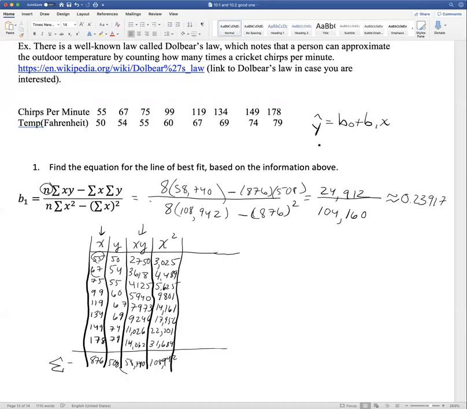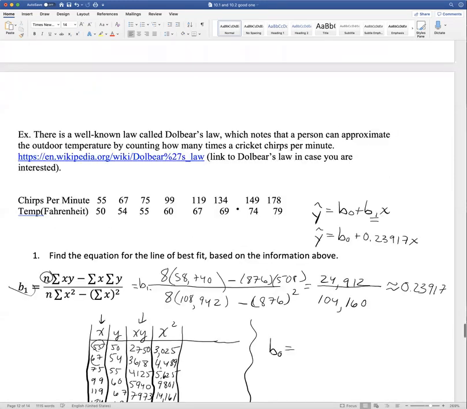0.23917. Okay, so this is what we know so far. Y hat is equal to B naught plus, we just found B1, right? That's the information we just found. B1 is 0.23917x. But for the equation of a line, we need two things. We need the slope and we need the y-intercept. So the next thing that we're going to do now is focus on how we find b naught, or how we find the y-intercept. So let's go back and look at the formula for the y-intercept.